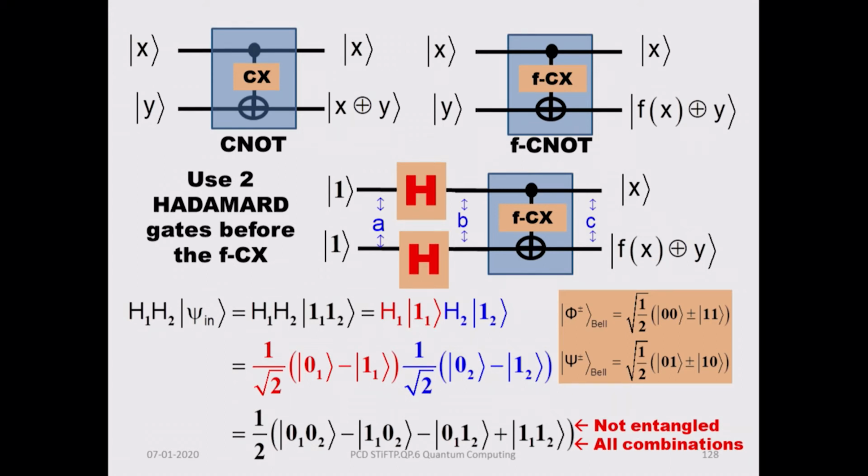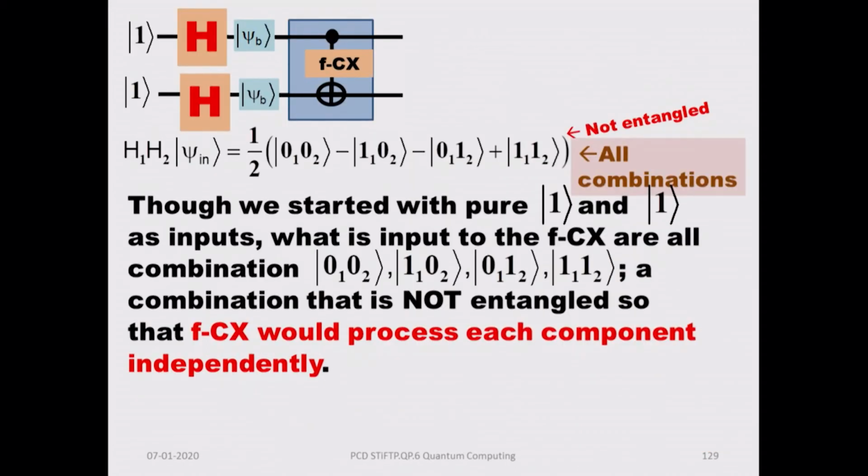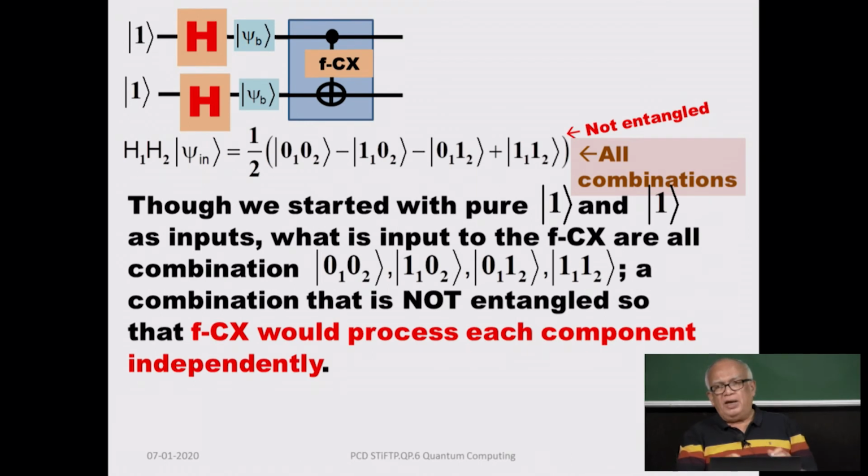So, this is of great value because now the two Hadamards generate a state which has all the four possibilities, and all of these four possibilities can be addressed at once in one step by the FCX gate. So, it does not have to look at them separately, which a classical gate would have required to do.